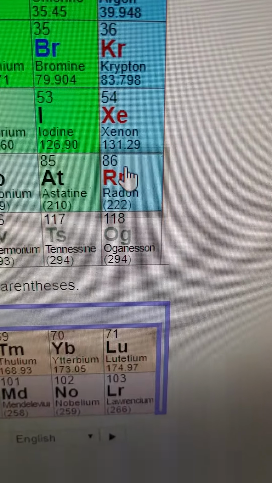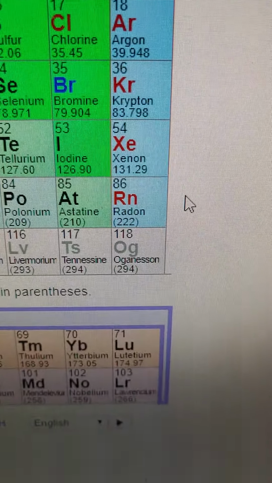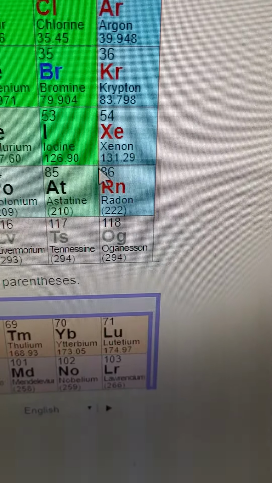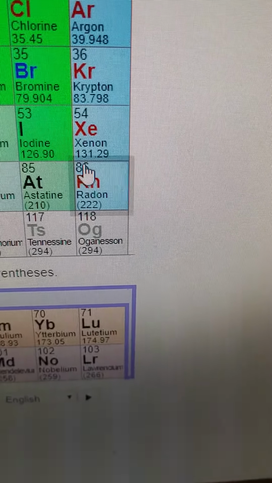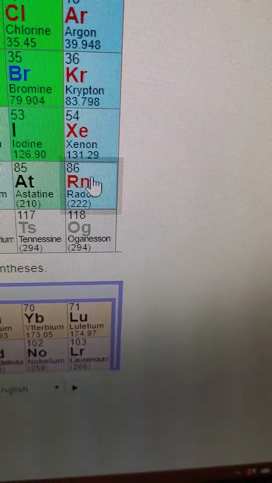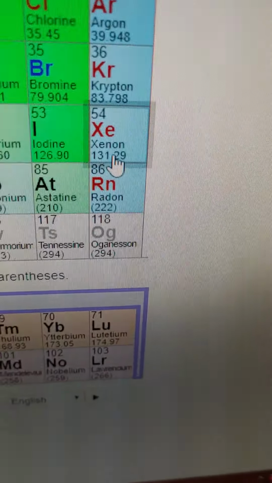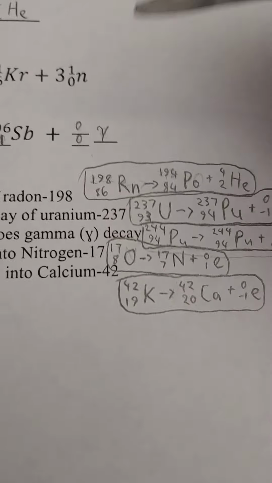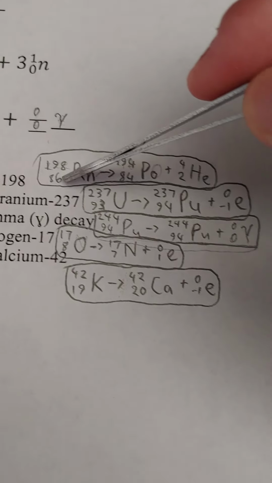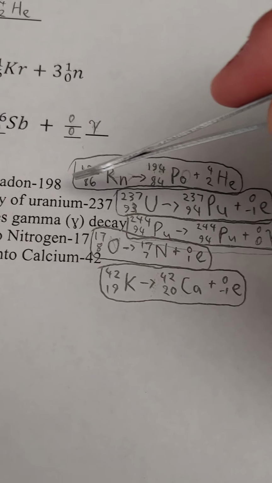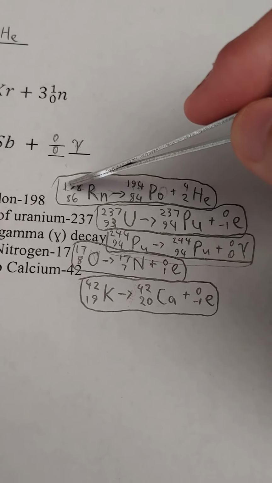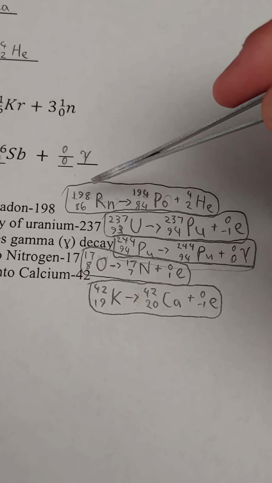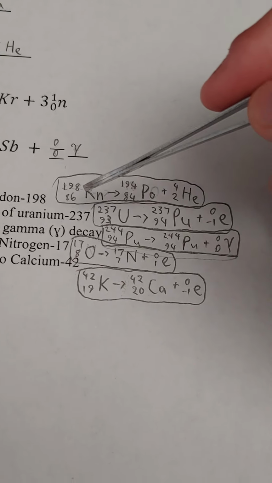It has an atomic number of 86. Here's our number 86 at the bottom, and here's the atomic mass 198 on top, and this is radon. And so we want to find alpha decay.